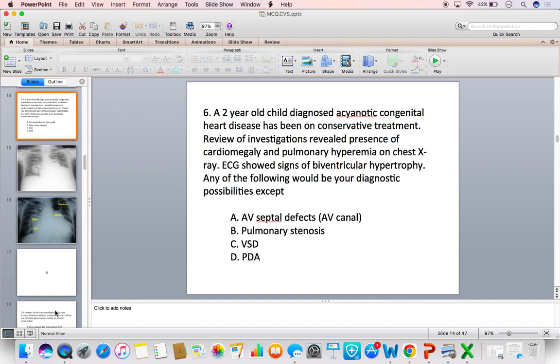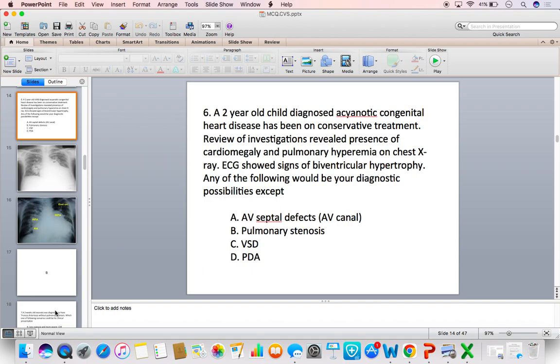Right? Then the findings are there is cardiomegaly, pulmonary hyperemia on X-ray chest, and biventricular hypertrophy in the ECG. Then what could be the diagnosis?